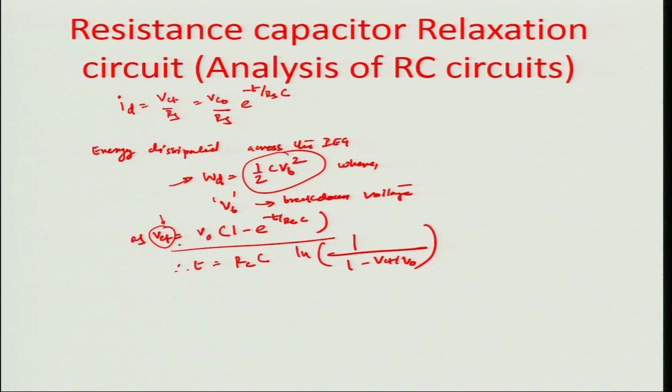Obviously 1 minus VCT by V0 is e to the power of minus T by RCC, so you can take natural logs on both sides and this gives you the time.